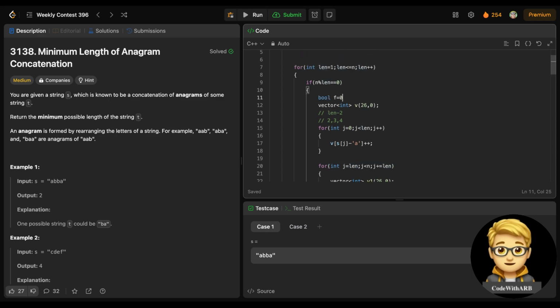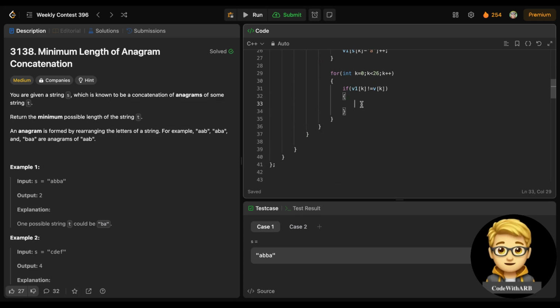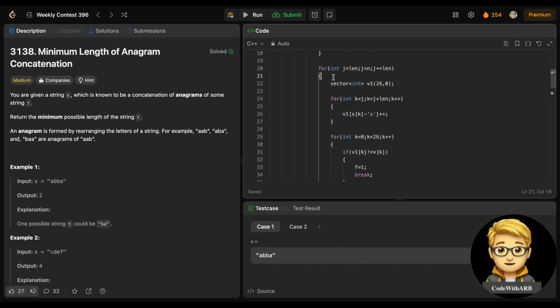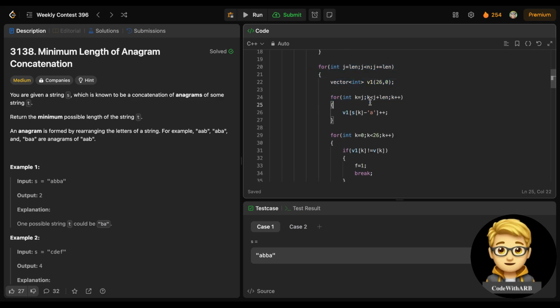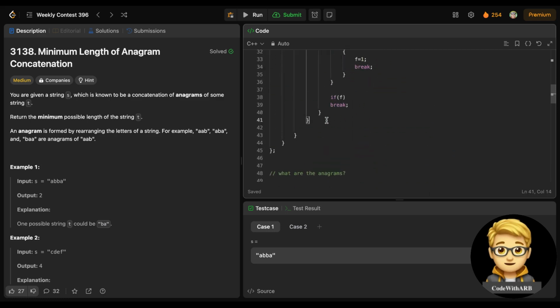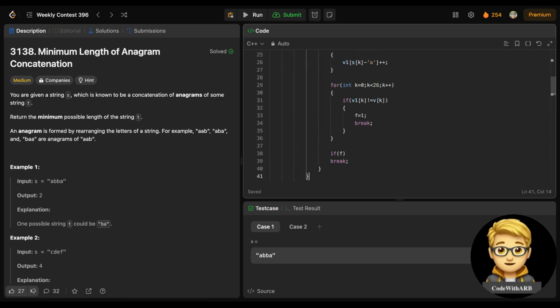So starting we will make this f0, and if this is not equal I will mark this f1, and this should be the break here. I will break this here, and after this I will again break this, because this length is not possible anyhow. There's no need to check every length, because if I get f equal to 1 at any time, right?